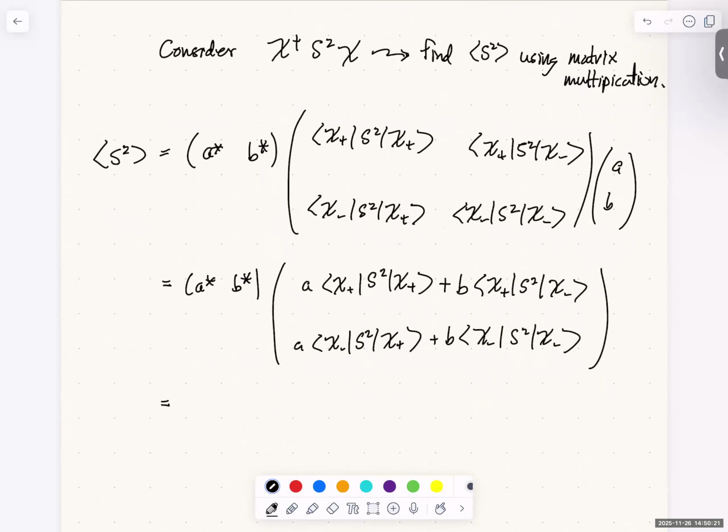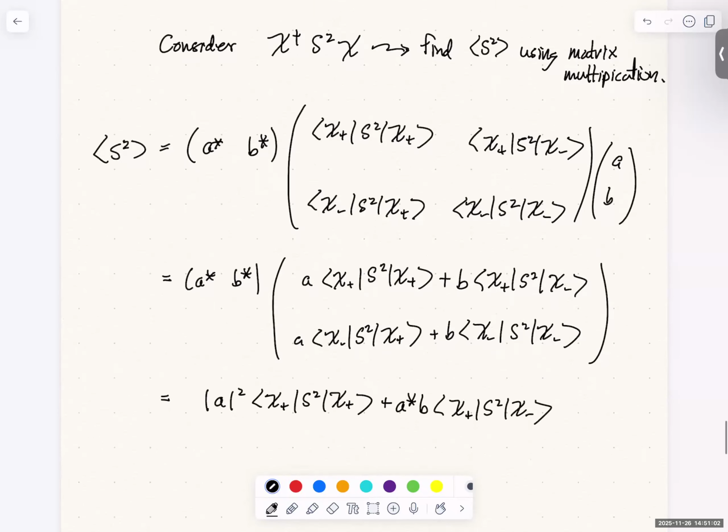And now we have a 1 by 2 times a 2 by 1, so we'll just get a number out. That number better be the expectation value of S squared. We're going to get A star times this plus B star times this. So it's A squared chi plus S squared chi plus, and then A star B chi plus S squared chi minus.